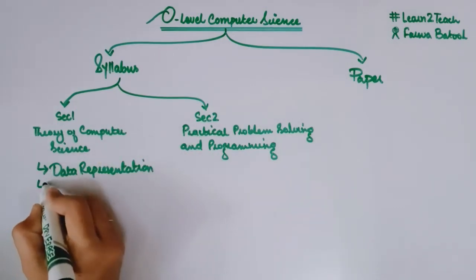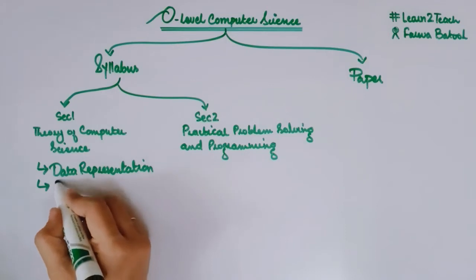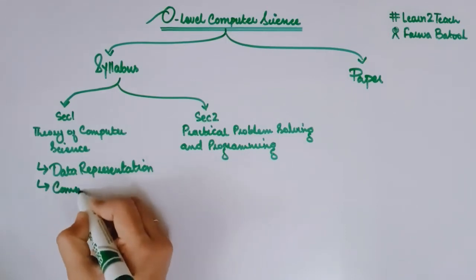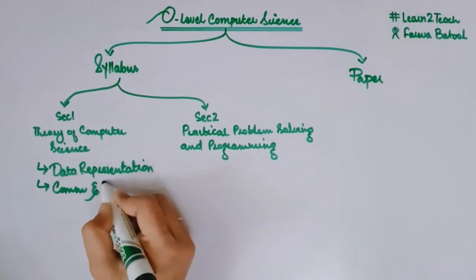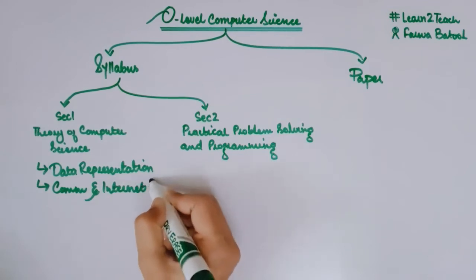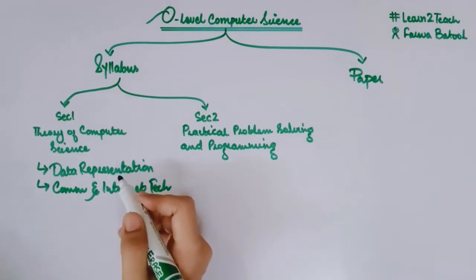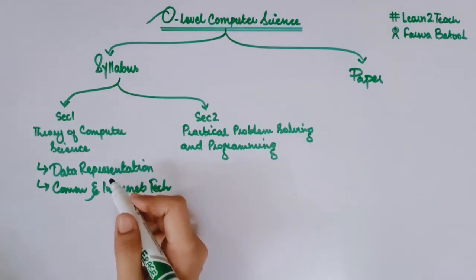The second topic over here is communication and internet technologies, right? Communication and internet technologies. Okay, inside this we will be studying data transmission, security aspects, internet principles of operation.